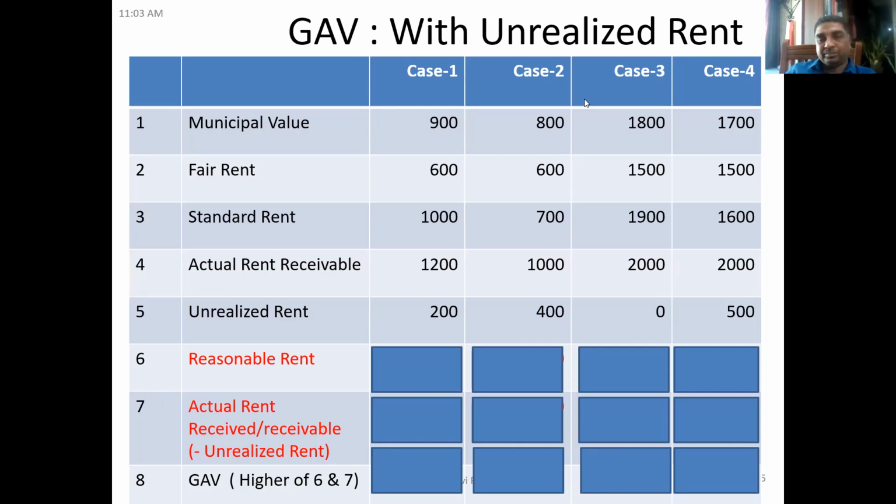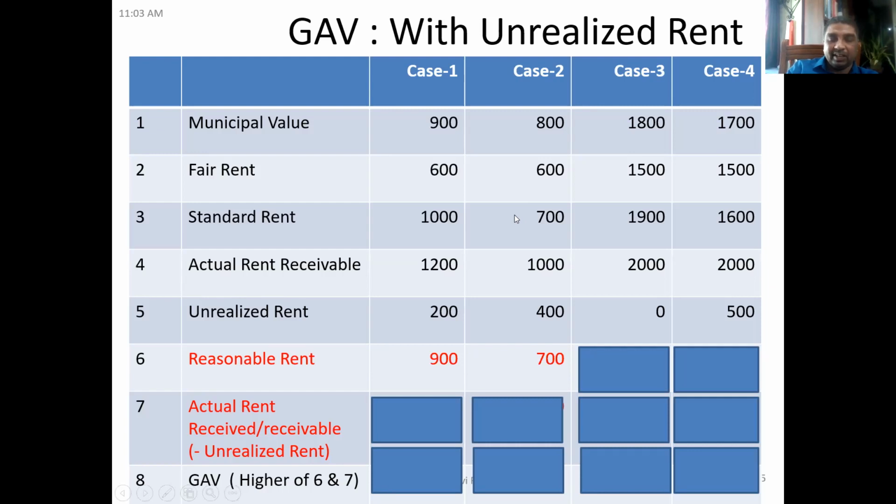What is reasonable rent? Municipal value or fair rent, whichever is higher, but subject to a maximum of standard rent. Let us calculate reasonable rent. The first is 900. Then 800.